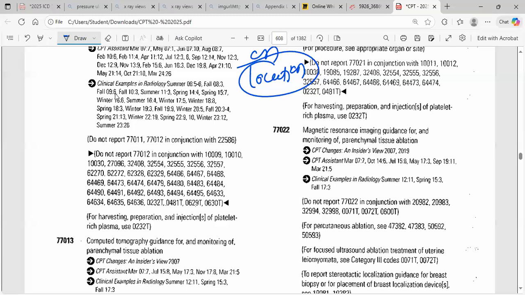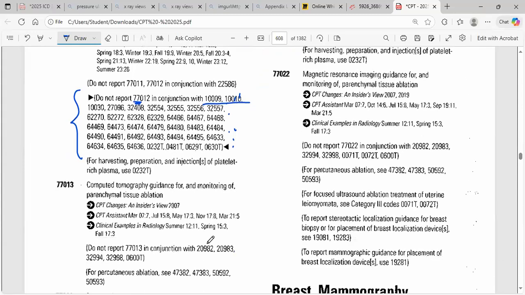We have instructions here that we cannot use this code in conjunction with these codes because these codes already include the CT guidance. So if the procedure description already includes the guidance, then we are not going to bill that separately. If it does not, then we have to bill that separately.